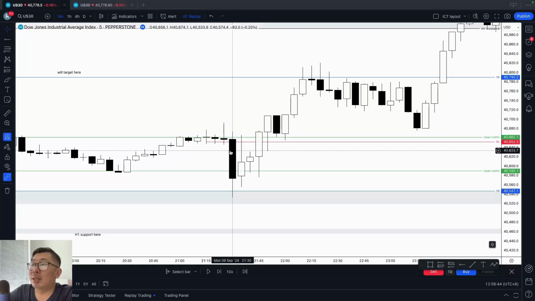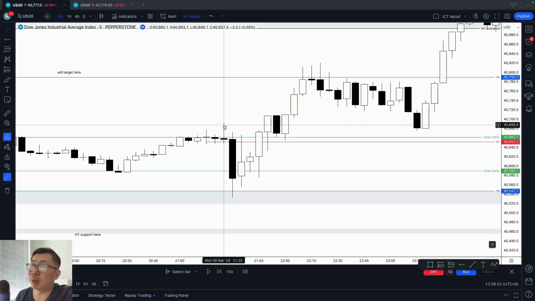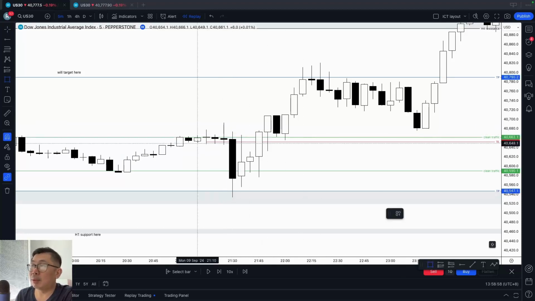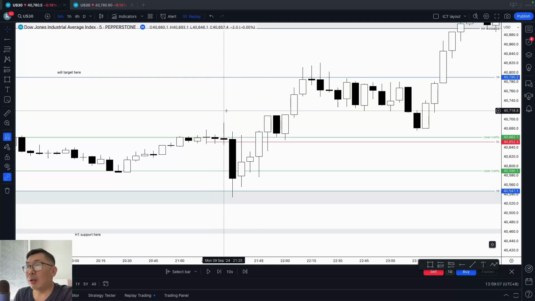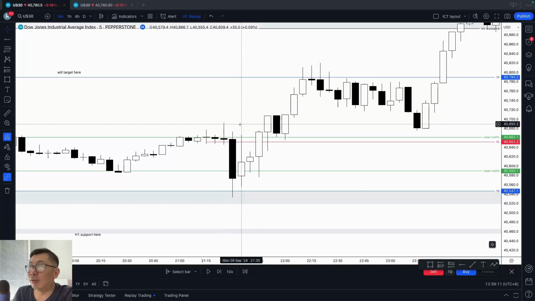But then I was subconsciously too eager to get into a position, and what I didn't want was price to close strongly bullish, something like this, right, like here, and then explode to the upside without me. So I thought in the last few seconds, it's very unlikely for price to close bearish.